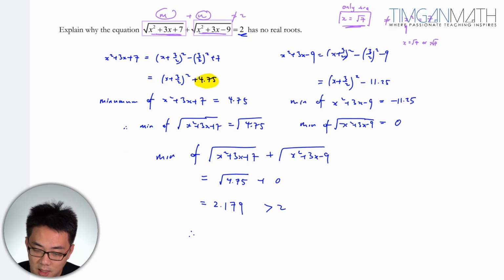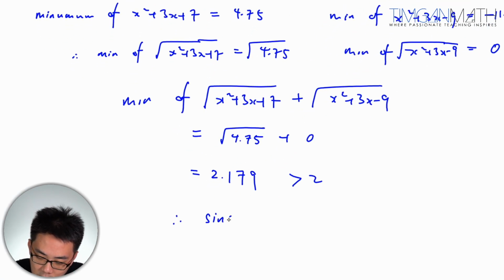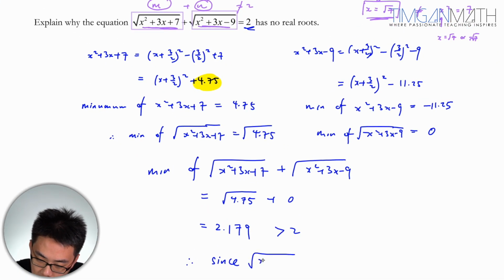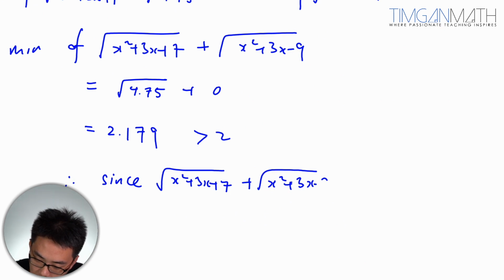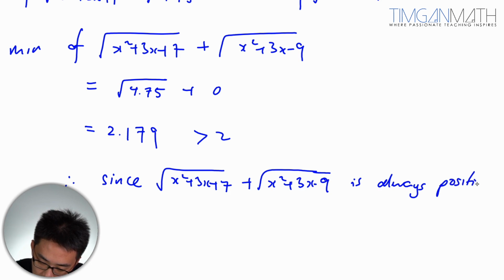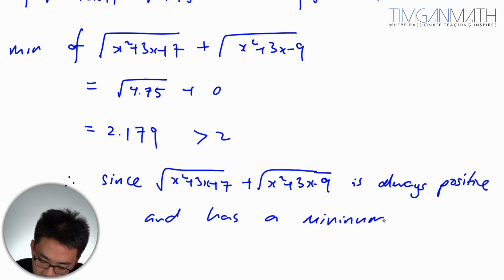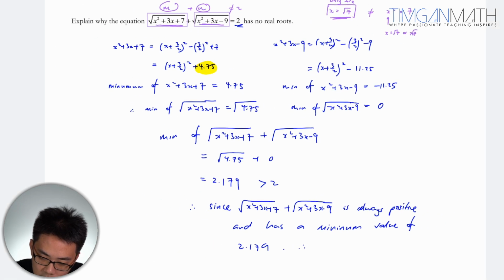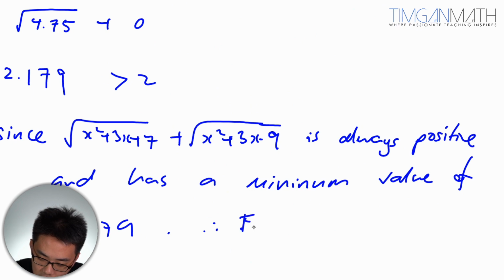So, since x squared plus 3x plus 7 plus the square root of x squared plus 3x minus 9 is always positive and has a minimum value of 2.179, hence the equation has no real roots.